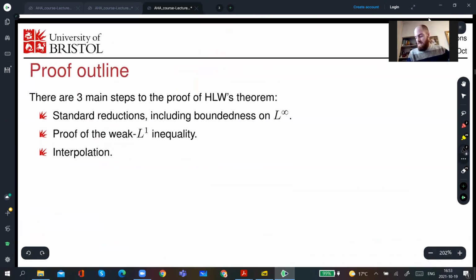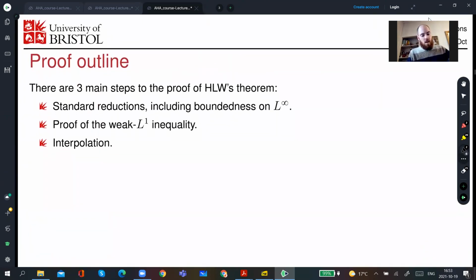Okay, let's actually get to the proof of the Hardy-Littlewood theorem. In this lecture we'll probably just handle the first 2 steps.